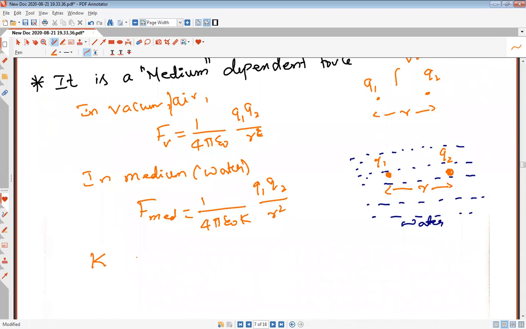Here, K is called the dielectric constant of the medium.